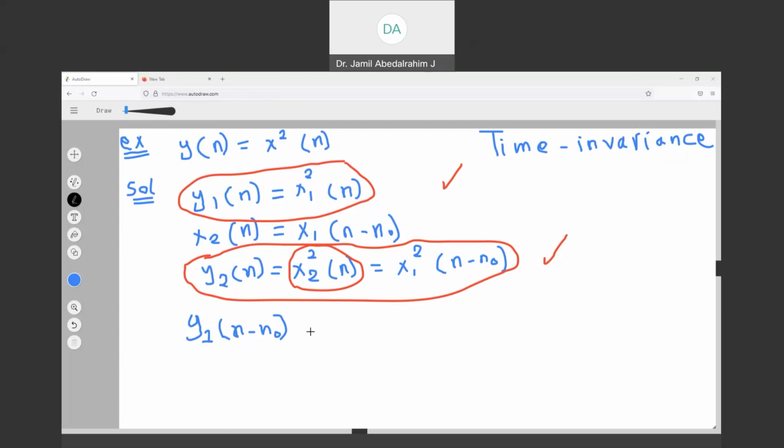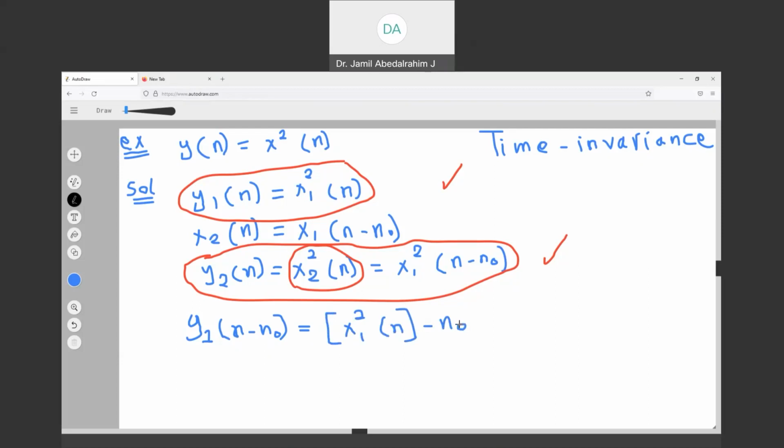All this equation will be shifted by n naught, so y1 of n becomes x1 to the power of 2 of n with the whole equation shifted by n minus n naught.